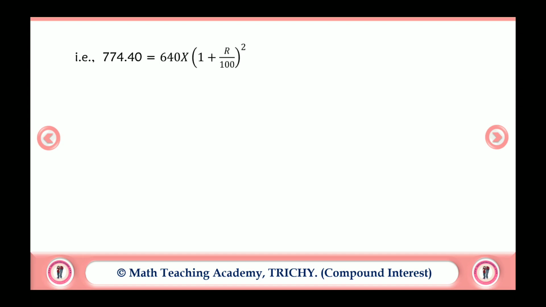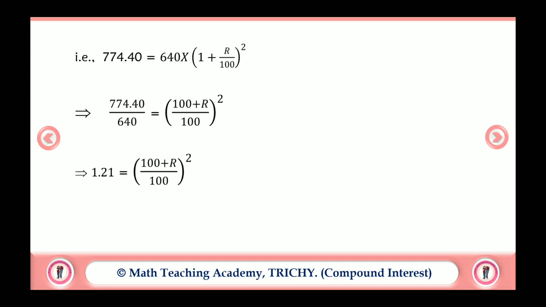So what you will get is 774.40 = 640 into (1 + R/100) whole squared, which implies 774.40 divided by 640 is equal to, on the right hand side taking 100 as LCM, ((100 + R)/100) whole squared. And then divide 774.40 by 640. So what you will get is 1.21. So 1.21 is equal to ((100 + R)/100) whole squared.